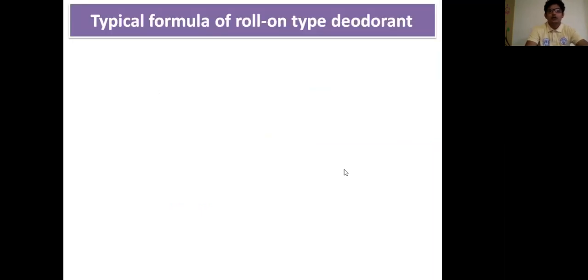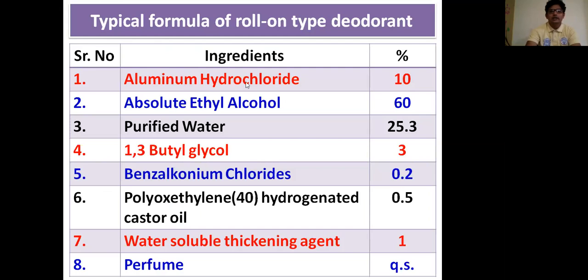A typical formula of a roll-on type deodorant is given here. These are the total 8 ingredients present in a typical roll-on type deodorant: aluminum hydrochloride 10%, absolute ethyl alcohol 60%, purified water 25.3%, 1,3-butylene glycol 3%, benzalkonium chloride 0.2%, polyoxyethylene hydrogenated castor oil 0.5%, water soluble thickening agent 1%, and perfumes as per the quantities specified.